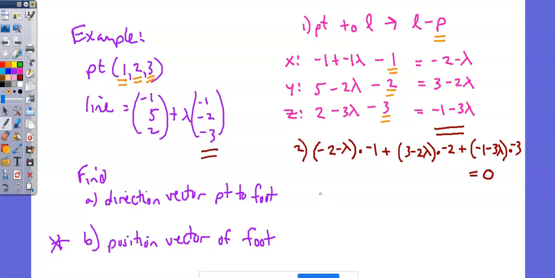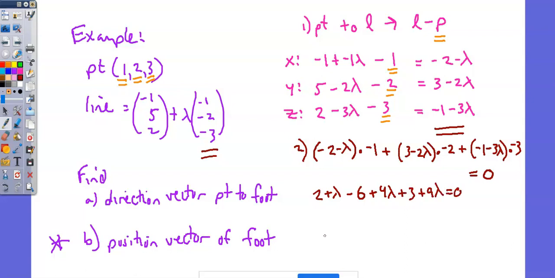So we have -2 times -1, that's 2, minus lambda times -1, plus lambda, then plus 3 times -2, minus 6, -2 lambda times -2, plus 4 lambda, then -1 times -3, plus 3, -3 lambda times -3, plus 9 lambda equals 0.